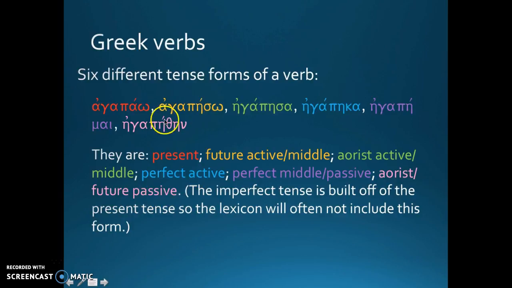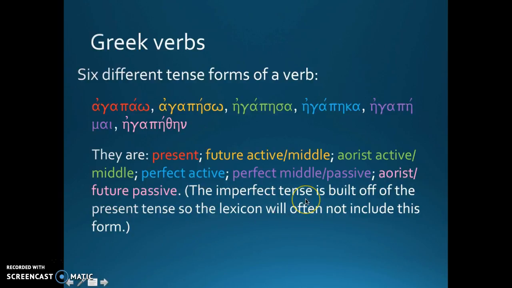And again, the endings and changes in the beginning and the end, changes in the middle, adding an additional sigma are going to indicate future passive. But all we need to know is kind of what these verbs mean and what you're looking at. But again, parsing, just being able to scroll your cursor over a particular verb in BibleWorks and figure out immediately what you're looking at. Now we just need to know, what do we do with what we're looking at?